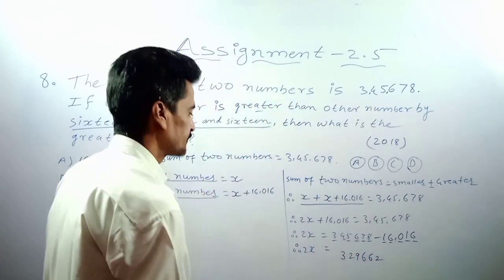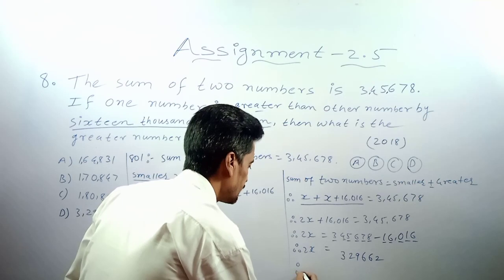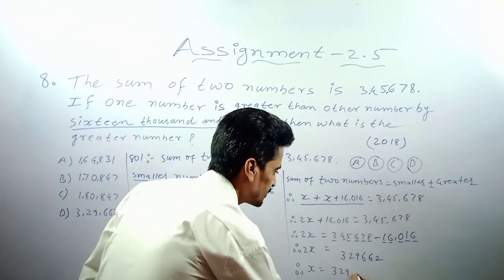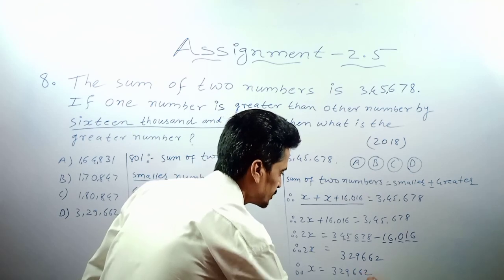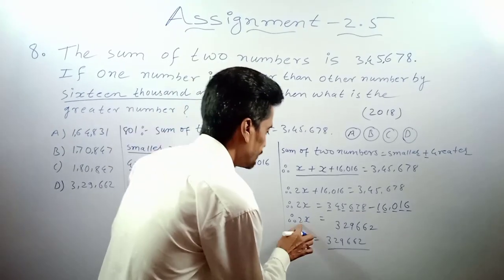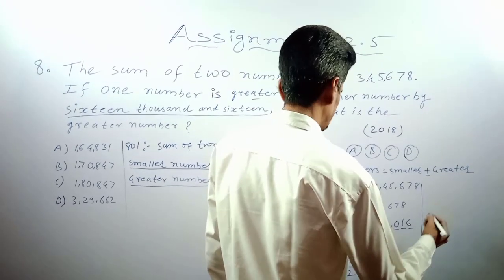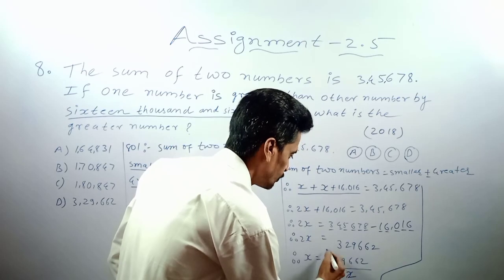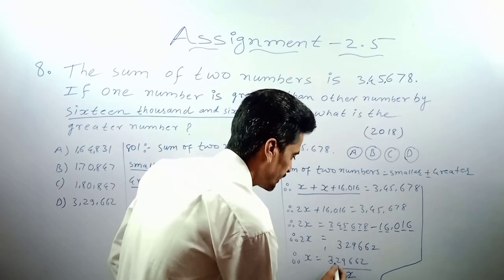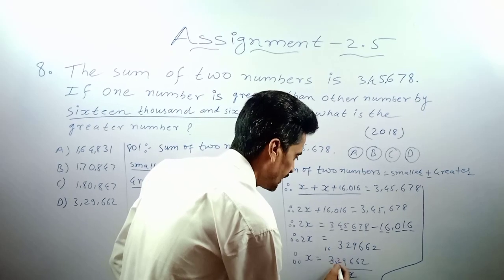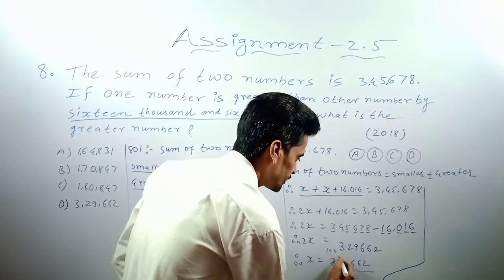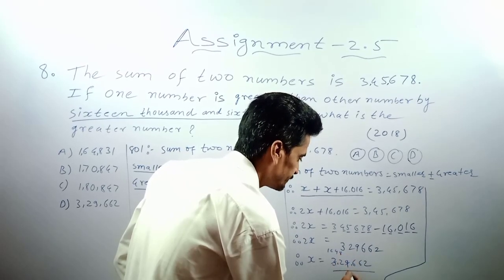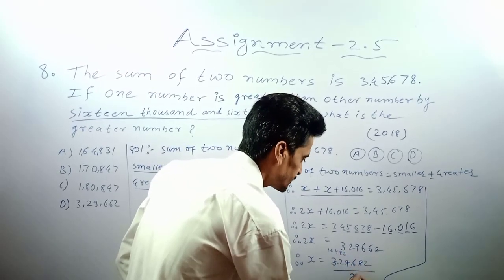Now x is on the same place and 3,29,662 is on the same place. Into 2 goes to the divide. Then division: 2 ones are 2, 2 ones are 2, 1 remain 12, 2 6s are 12, 2 4s are 8, 1 remain 16, 2 8s are 16, 2 3s are 6 and 2 ones are 2.